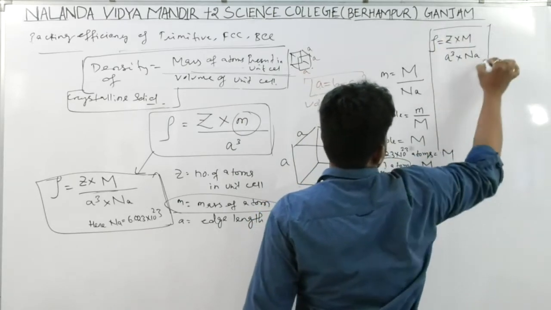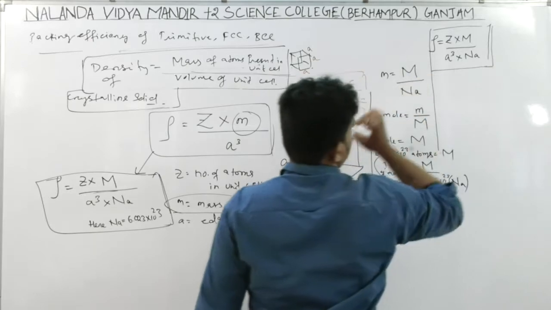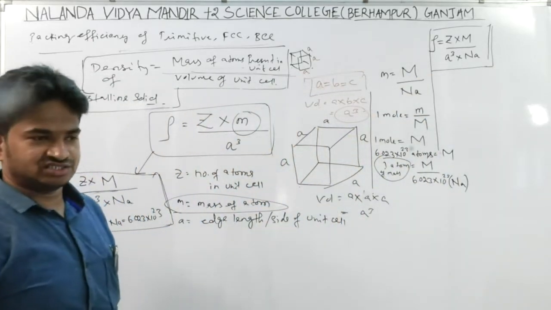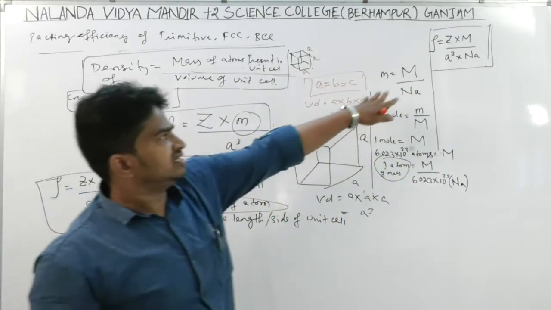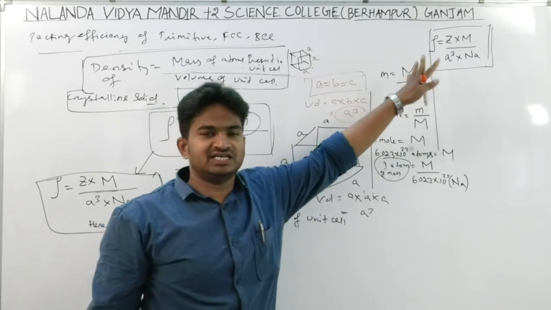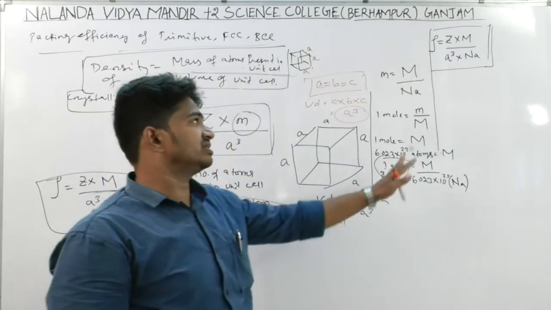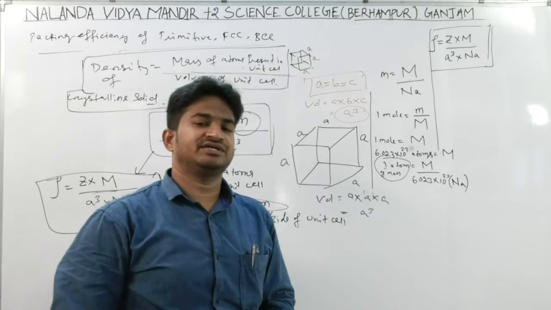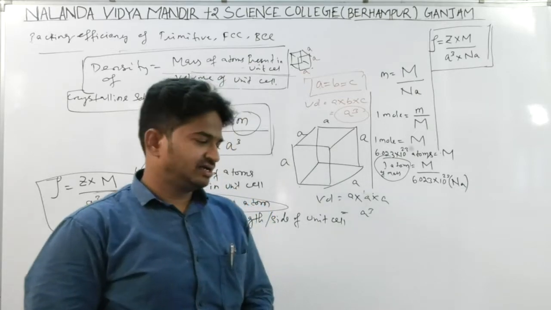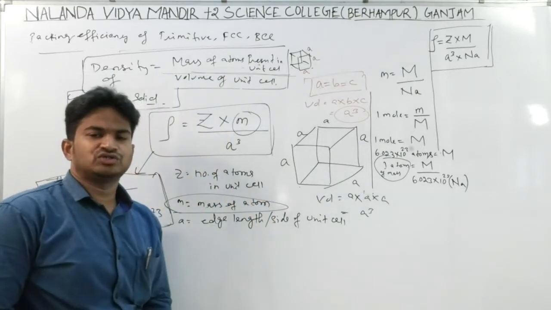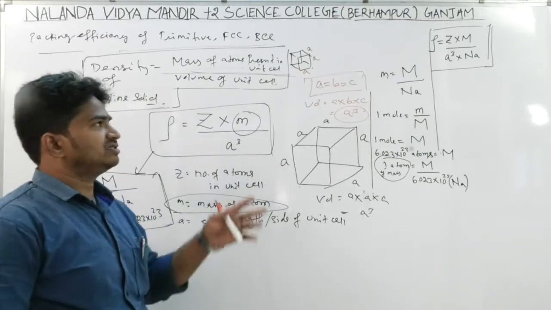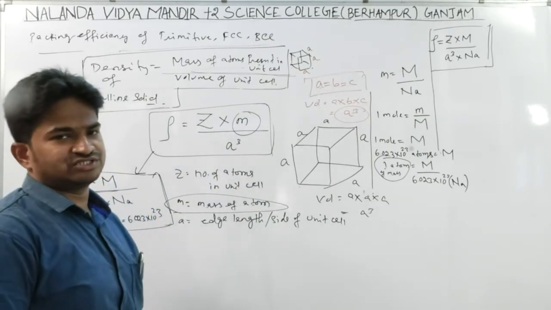This is our formula to find the density. By using this formula we can calculate the density in different problems. Now we are going to move on to solve some problems on density.